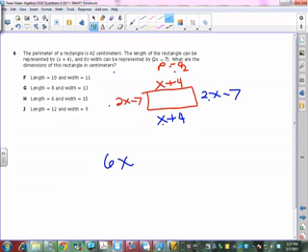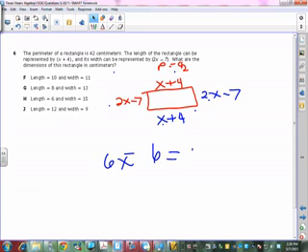And then 4 plus 4 is 8. Negative 7 and negative 7 is negative 14. And what's 8 plus negative 14? Let's see, 8 and negative 14 would be negative 6, right? So we've got 6x minus 6 for the perimeter, and we know that's equal to 42.